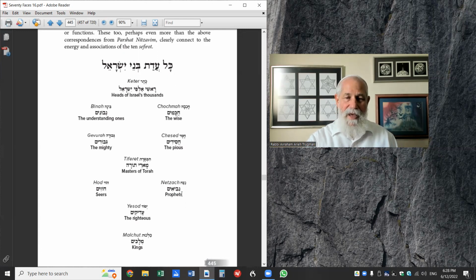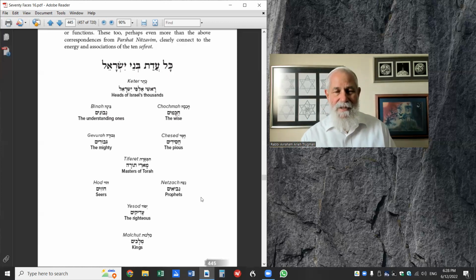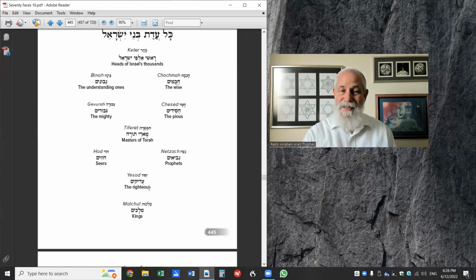Now here we have the prophets and seers in Netzach and Hod. And this is because in the Zohar itself, it connects the power of prophecy and divine inspiration to these 2 Sefirot of Netzach and Hod. And then we have Tzadikim, because we have a verse, Tzadik yesod olam. The righteous one is the foundation of the world. Yesod is foundation. So Tzadikim relate to Yesod.